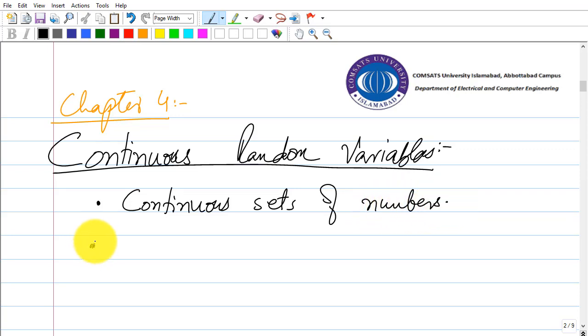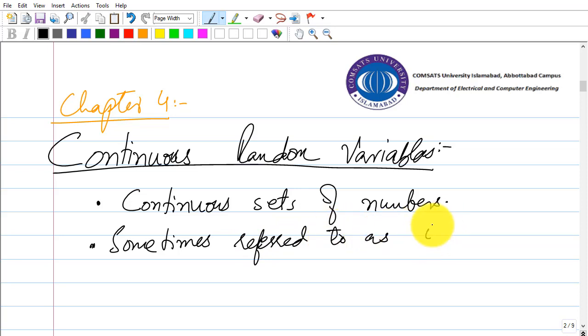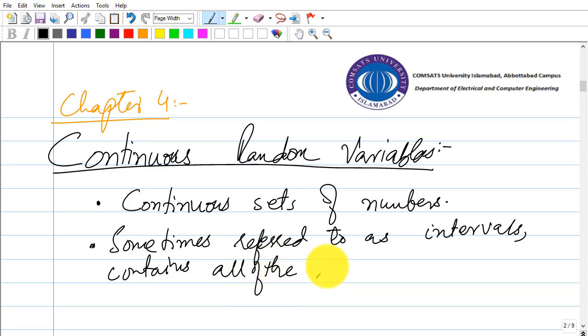And what is a continuous set of numbers? Sometimes referred to as intervals, and that contains all of the real numbers between two limits.